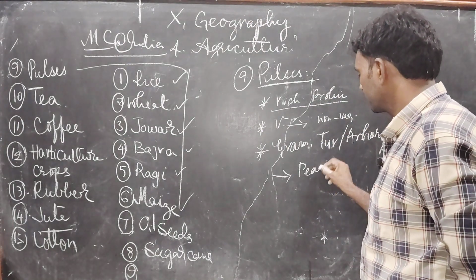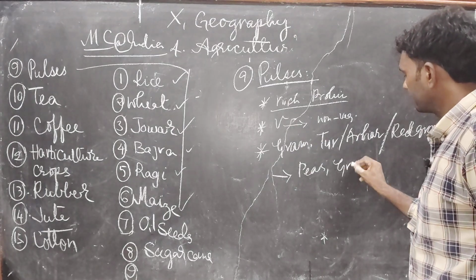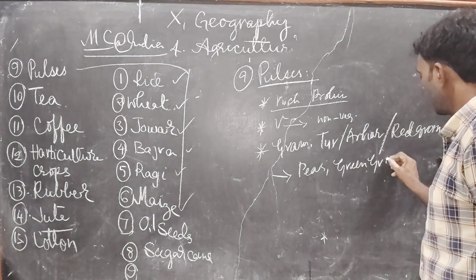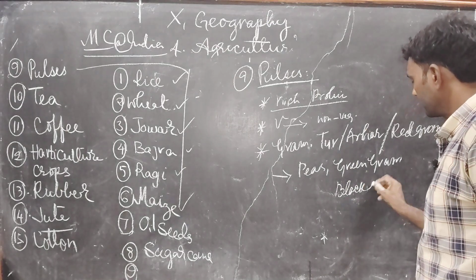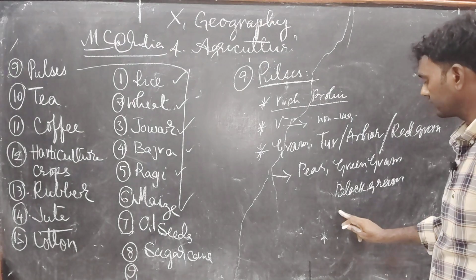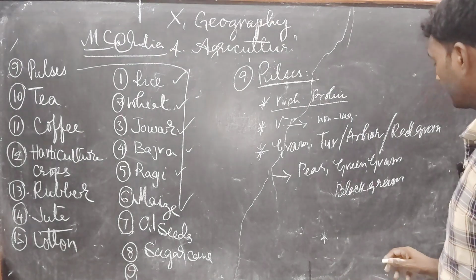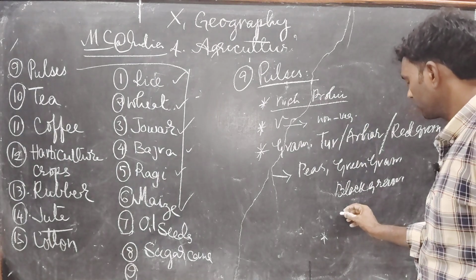Peas, green gram, black gram, and pink gram.